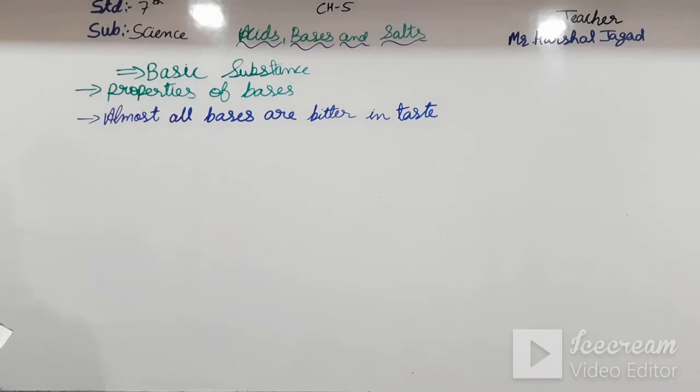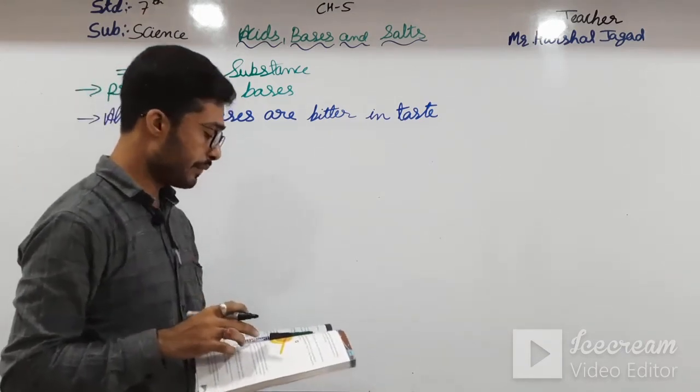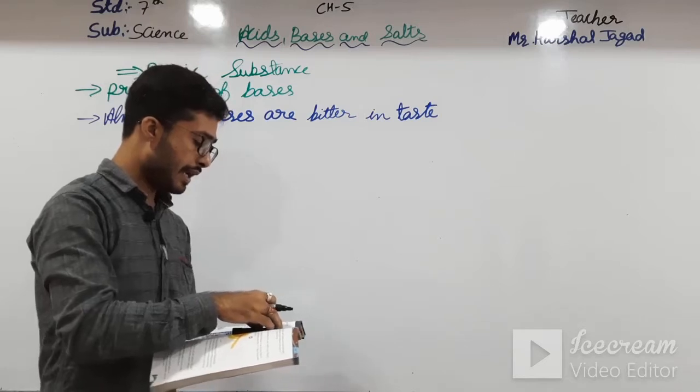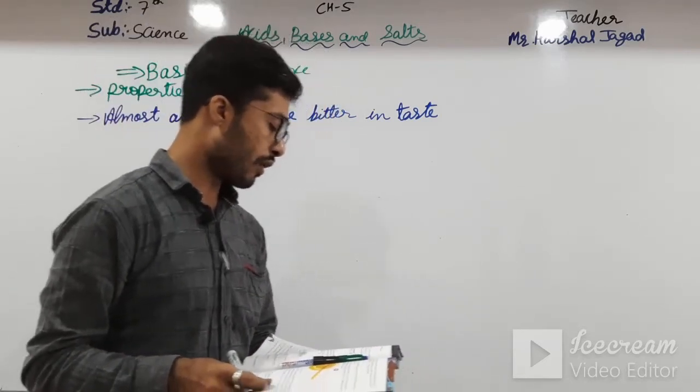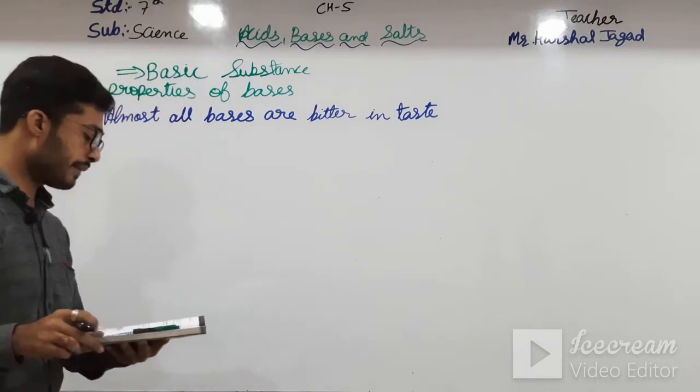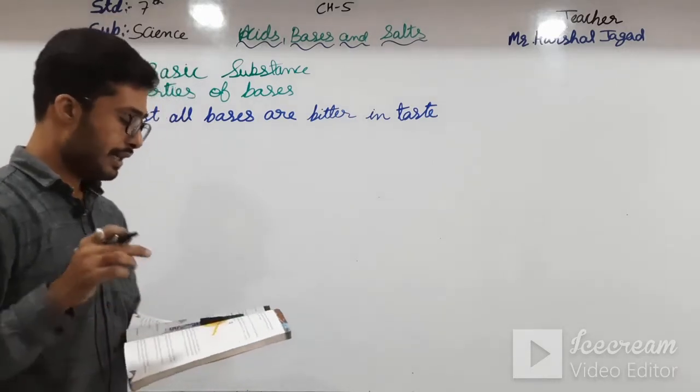Moving towards the next property, that is solutions of bases feel slippery to touch. This can be tested with a household base such as soap or baking soda solution, which can be put on hands and rubbed to feel the slippery touch.